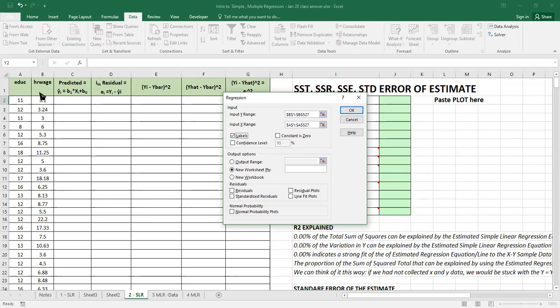Okay, the confidence level is a default at 95%. And then dito tinatanong, saan nyo gustong ilagay yung output? Where do you want to place the output? Okay, let's put it here.